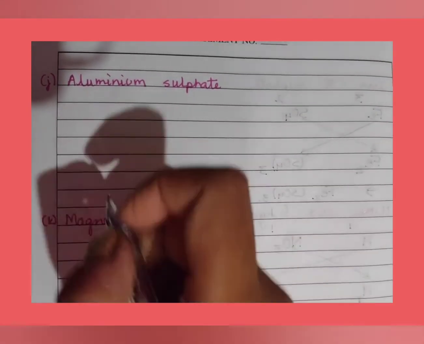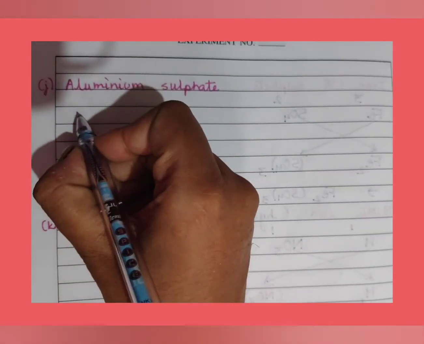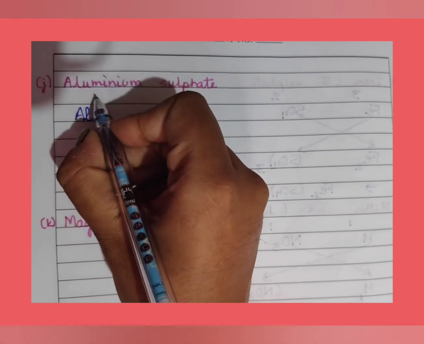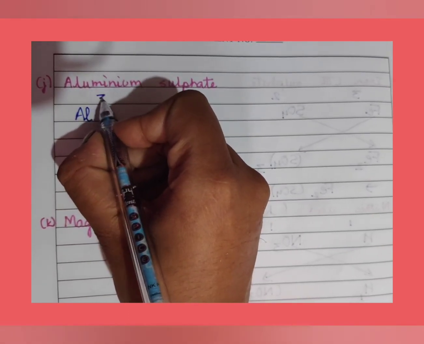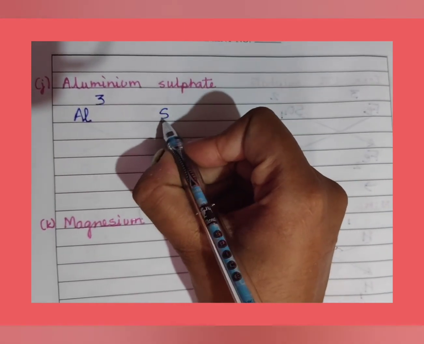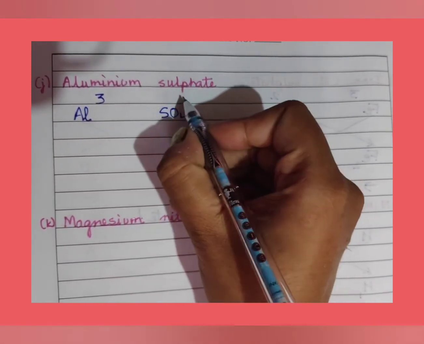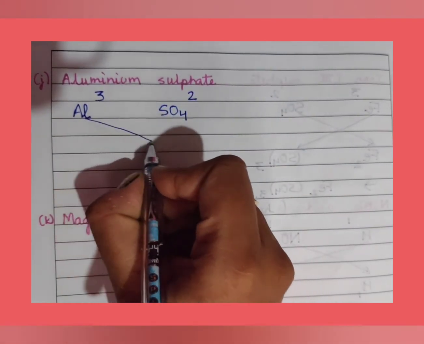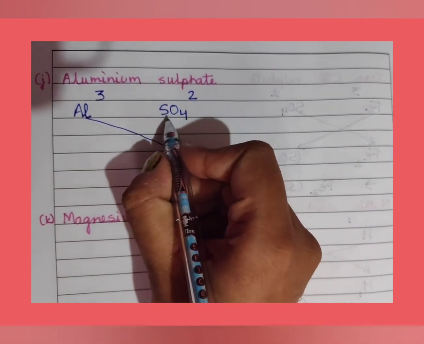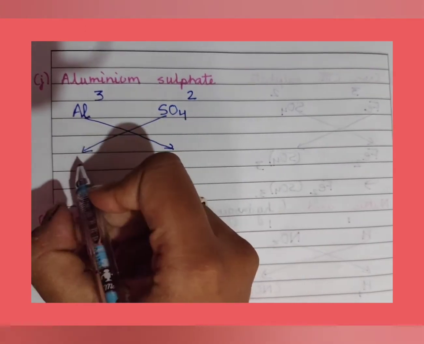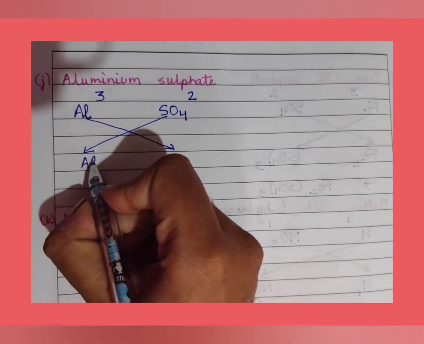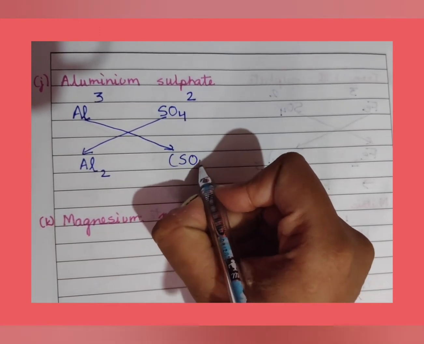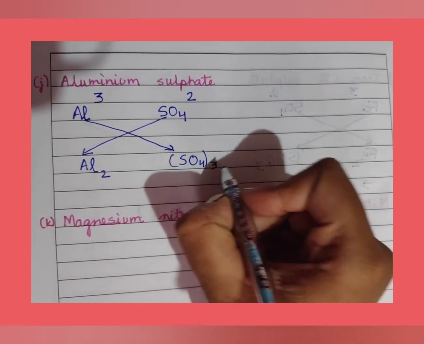Then comes aluminium sulfate. What is the symbol of aluminium? Al. And what is the valency? Yes, 3. Sulfate, SO4. And what is the valency? 2. Now they are going to interchange the valencies. So what will we get? Al2, and out here (SO4) whole 3.